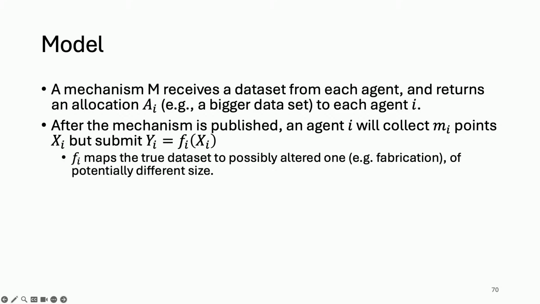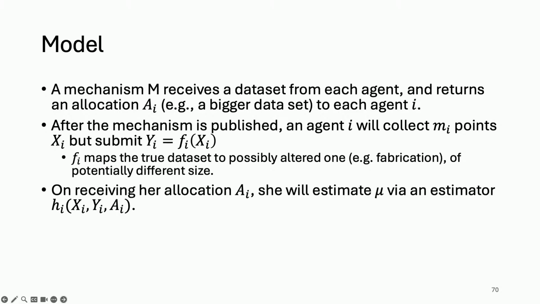And after the mechanism is published, an agent i will collect m_i points x_i, but only submit a modification of x_i, say y_i. So this submission function f_i will map the true data set to a possibly altered one by fabrication, and it doesn't necessarily have to be of the same size.